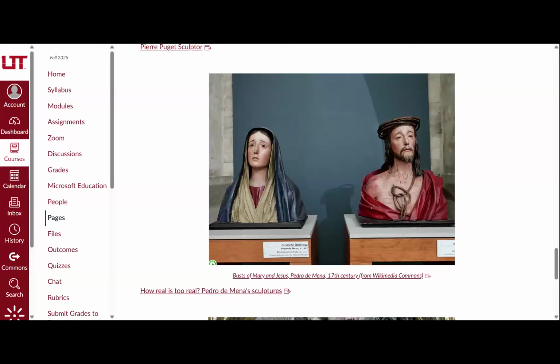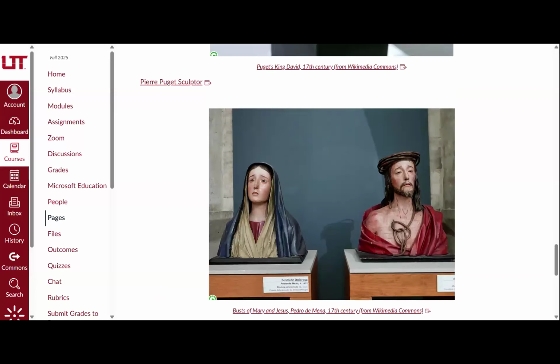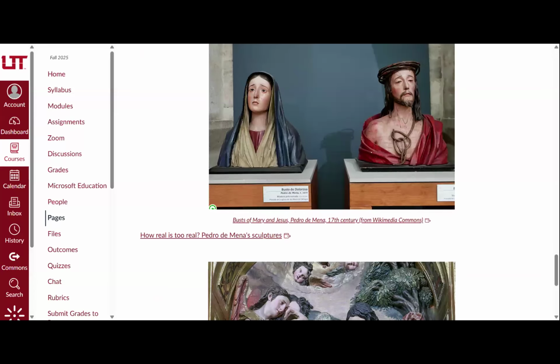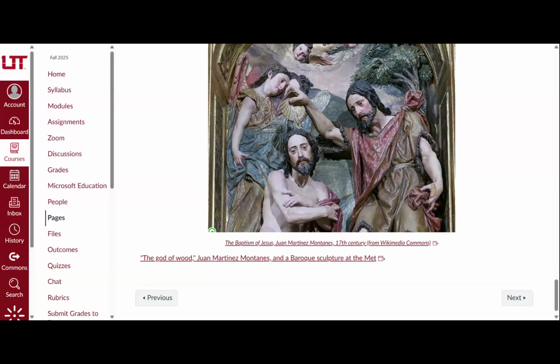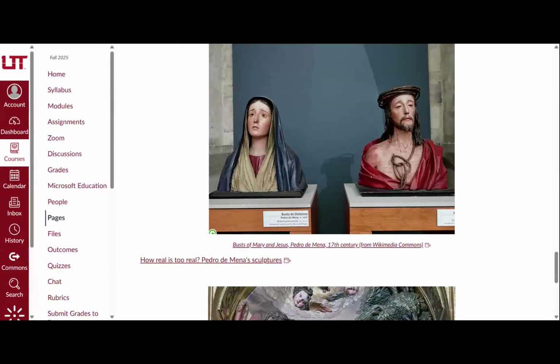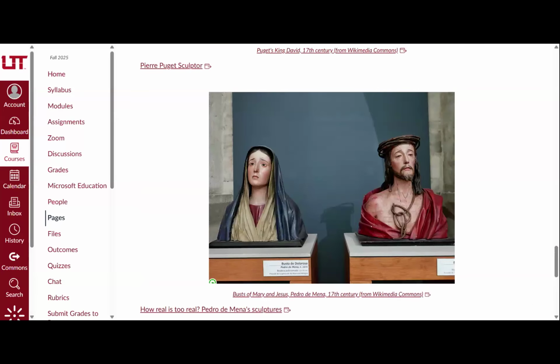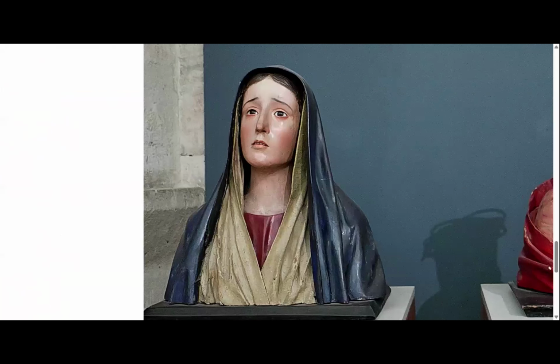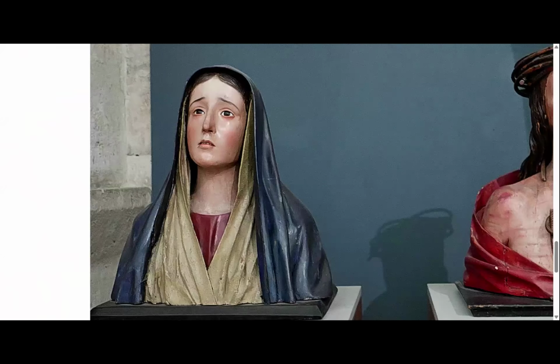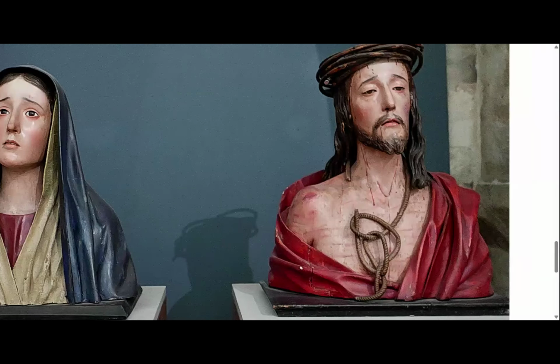Now, this I think I really like: Pedro de Mena, and the reason I like him, he was a Baroque sculptor, but he was in Mexico at this time. He was in Central America, and he does stuff that, yes, is static, but you look at the face of Mary, and you look at the suffering of Christ.